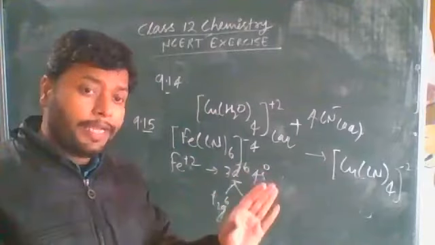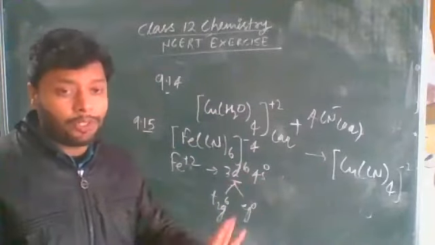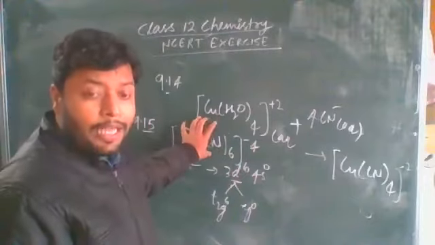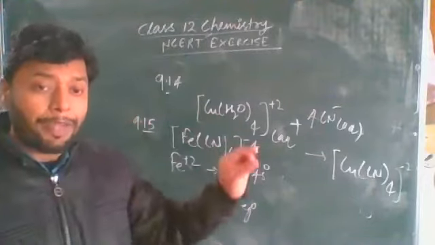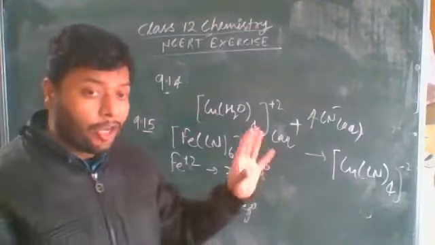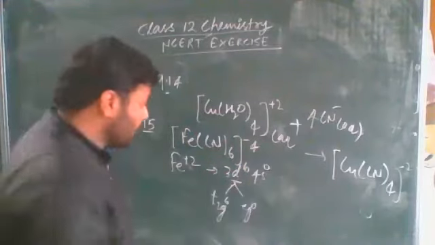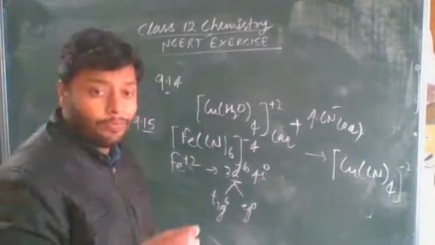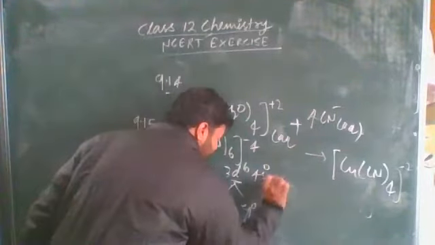So you should only write whether the complex is inner or outer. For that, cyanide has the tendency to pair the electrons in the d orbitals. That's why the hybridization will be d2sp3.